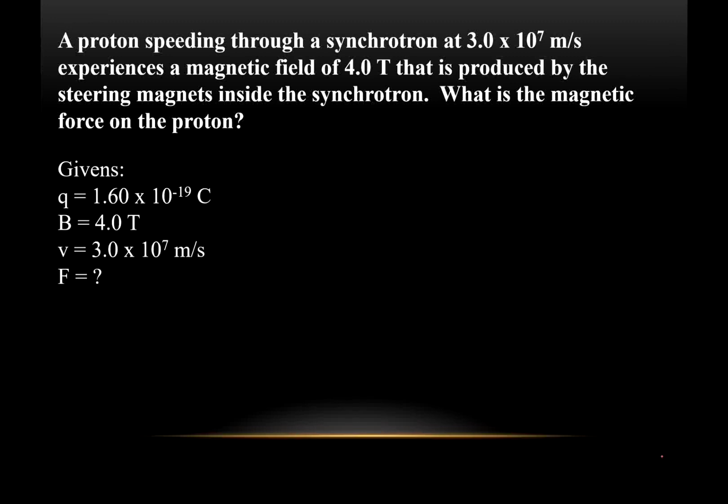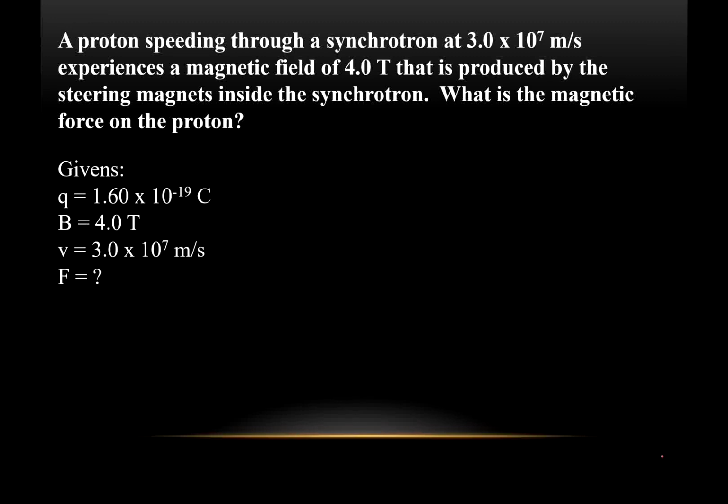It will tell you the charge of an electron is negative 1.6 times 10 to the negative 19. We don't care about that first negative because we don't care if it's positive or negative, so we'll just put 1.6 times 10 to the negative 19 in for that Q. It's on the back of your formula sheet at the top where it says constants. And we're looking for the force, so we write down F equals we don't know.